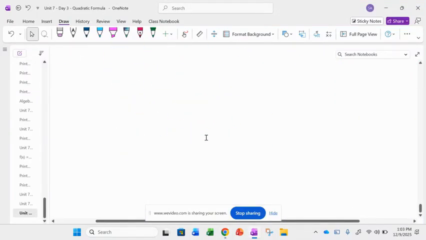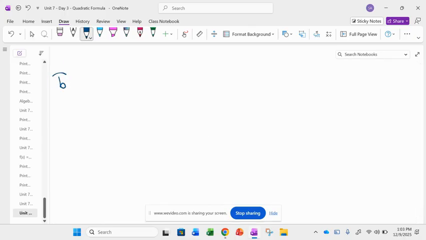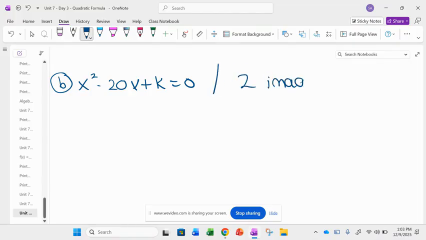Okay, next one. So we want to take x squared minus 20x plus k equals 0, but this time I want two imaginary solutions. If I want two imaginary solutions, what do I need the discriminant to be? Less than 0.